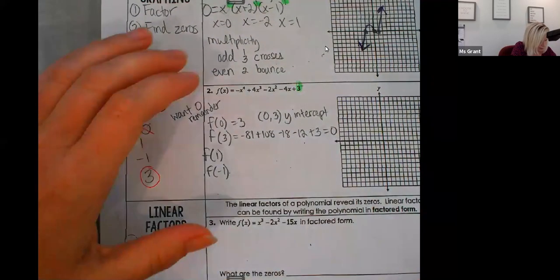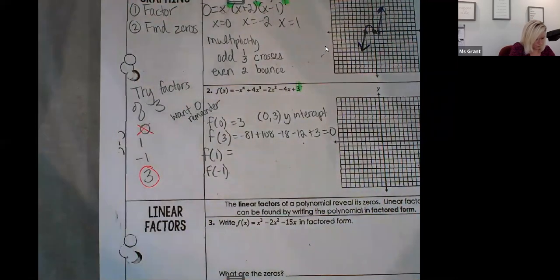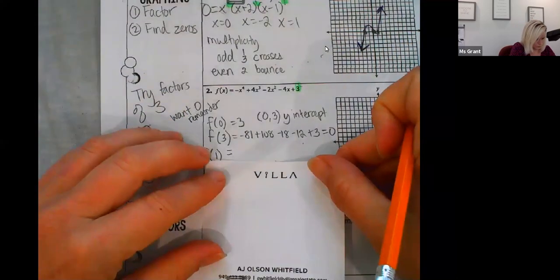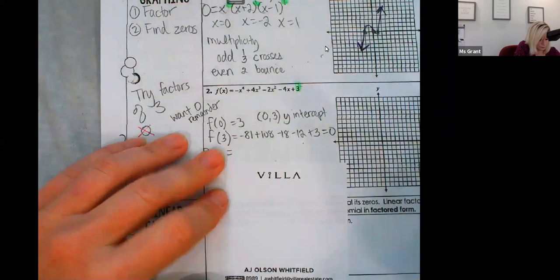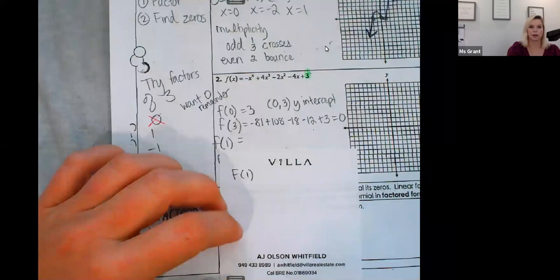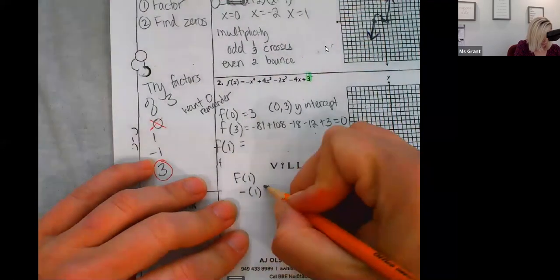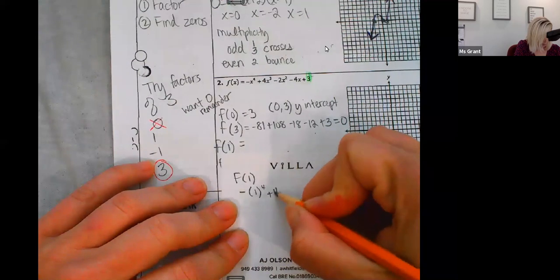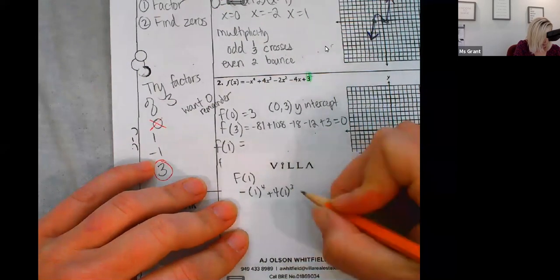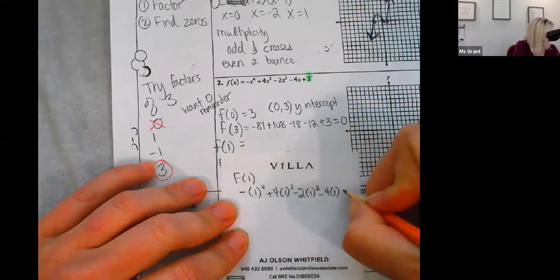Let's try positive 1. Ready? Negative 1 to the 4th plus 4 times 1 cubed minus 2 times 1 squared minus 4 times 1 plus 3.